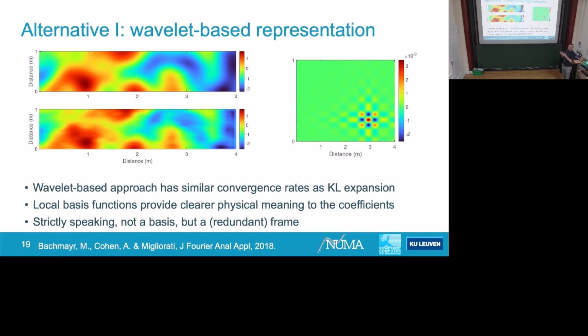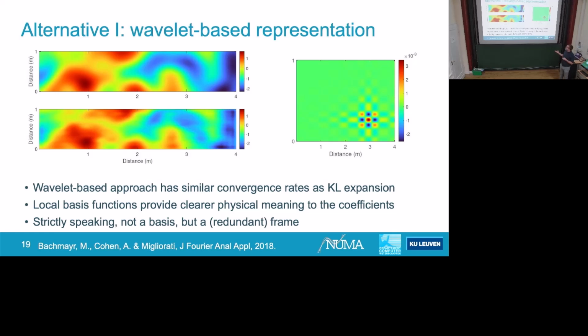You have the scale at which they oscillate that you can vary, and you have the location that you can vary. So you have more basis functions required for the same frequency and locality than with KL expansions. But at least you can localize, because if only coefficients with localization at that place show up, then you know something is happening in that space and not elsewhere.